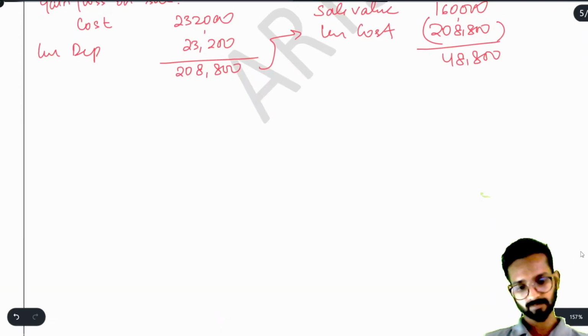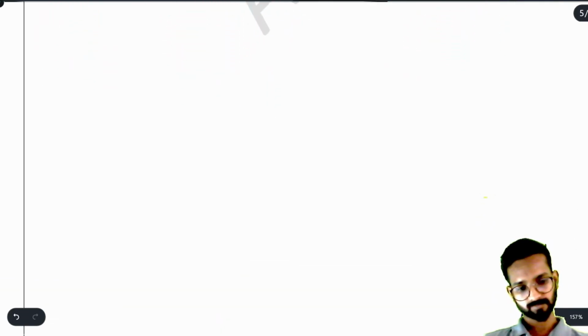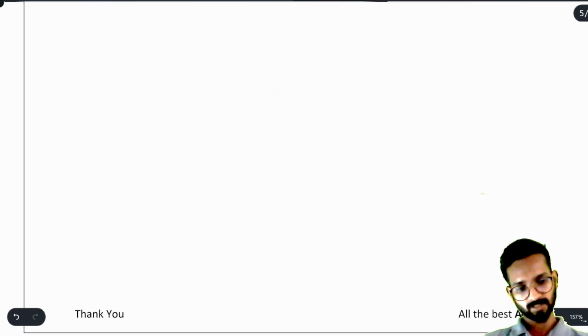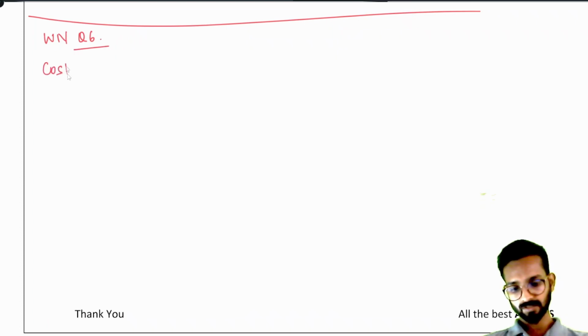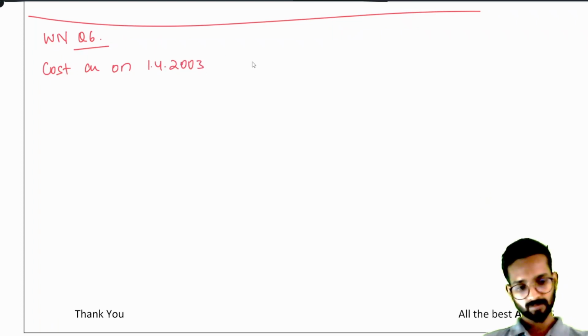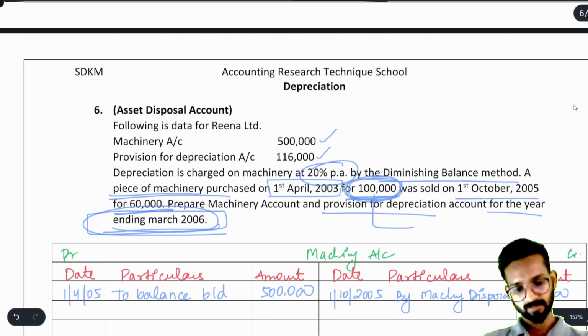See, for question number 6, understand, the cost as on 1/4/2003 was how much? What is the value given?